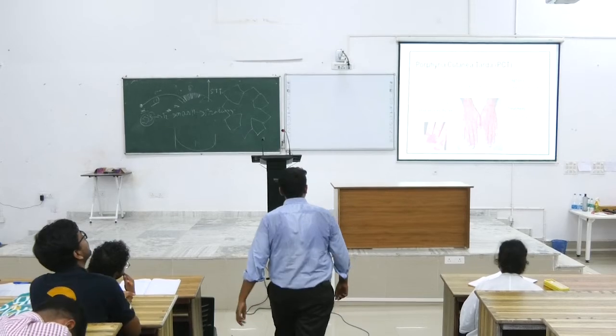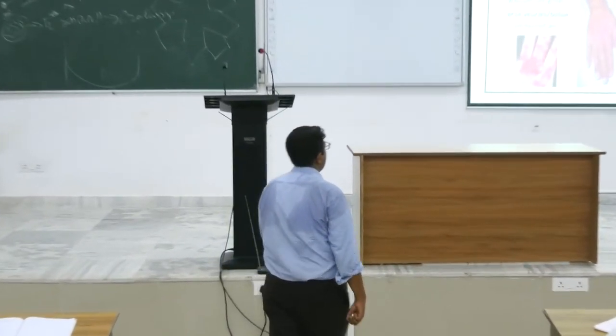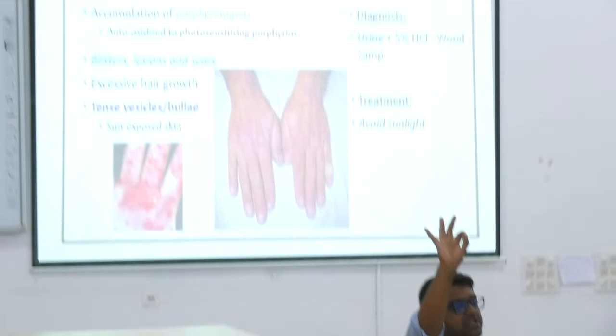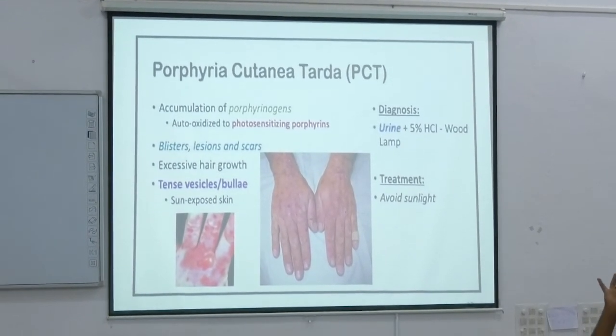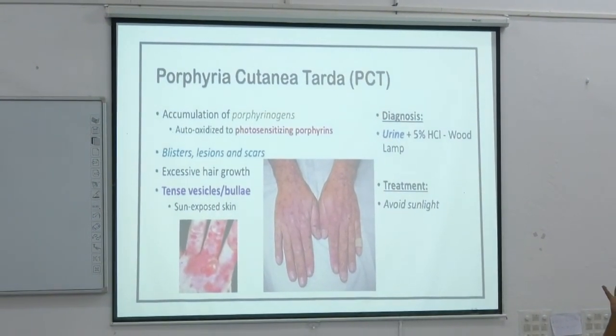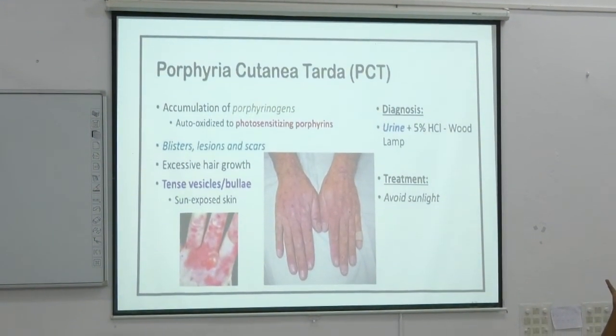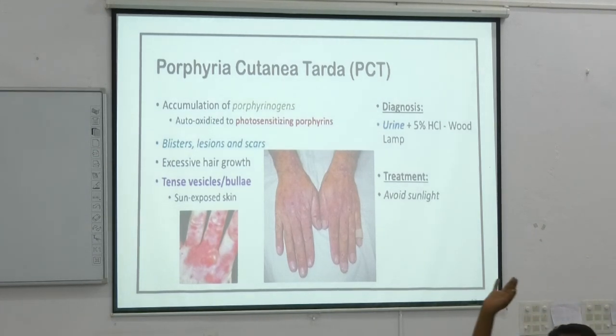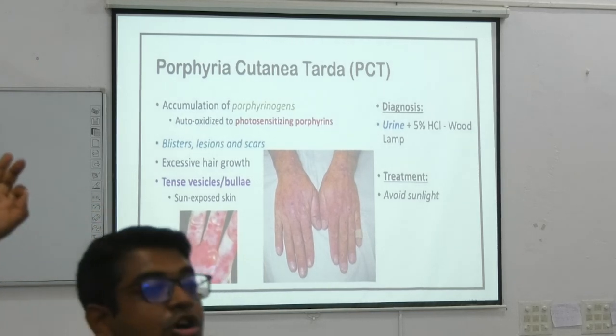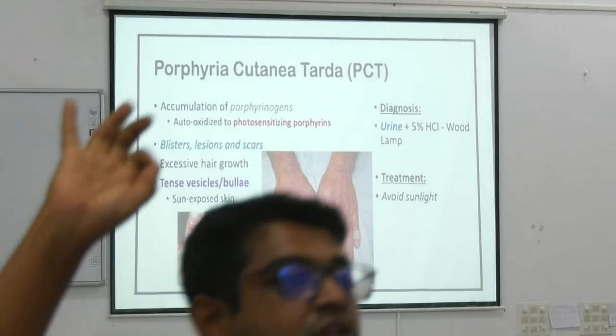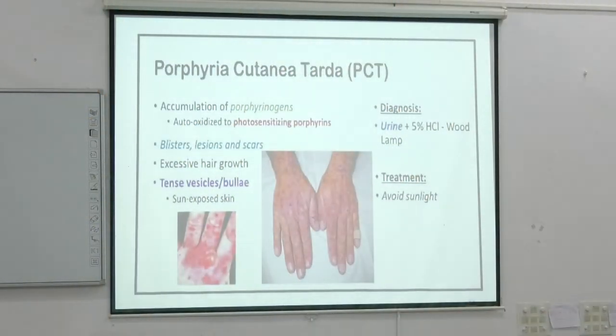Now porphyria cutanea tarda. Porphyria cutanea tarda is caused by deficiency of, I just taught you, uroporphyrinogen decarboxylase. Okay. Why is this most important?